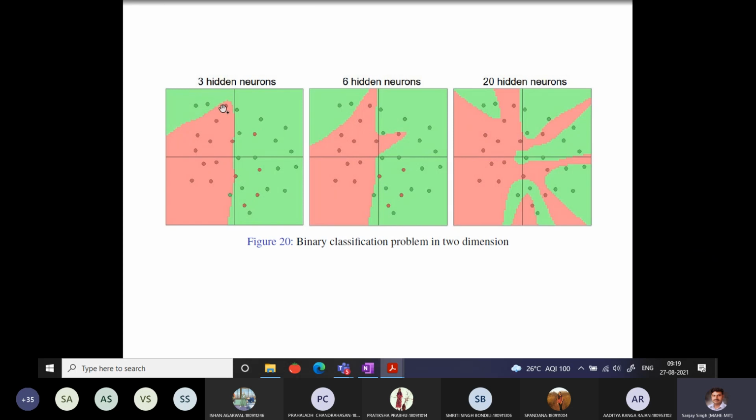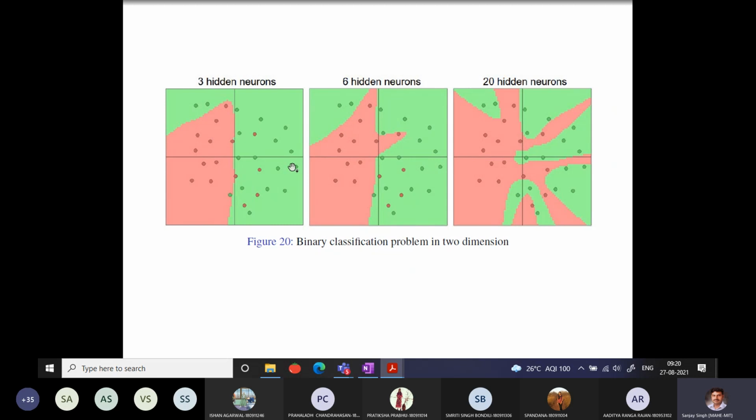The kind of boundary it is creating for the inclusion of all these red dotted values is of this fashion. And you can see clearly that it is missing this and this data, which should also be part of this particular boundary, but it is missing it completely. So it is not able to approximate the function which is generating such kind of data.